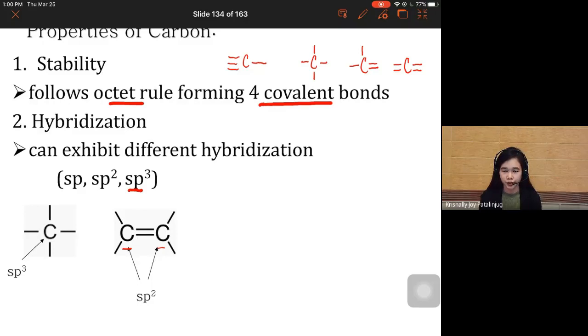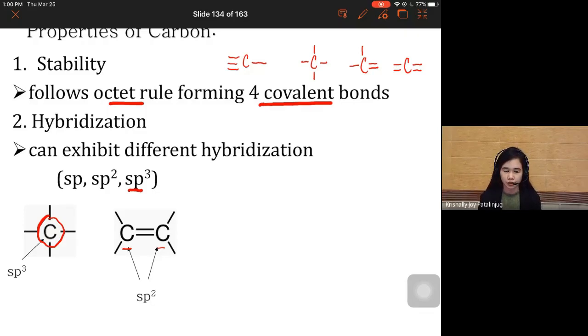Your clue here is that when the carbon element carries 1 double bond, automatically that is sp2 hybridization. When the carbon element has only single bonds surrounding itself, most probably that is sp3 hybridized.